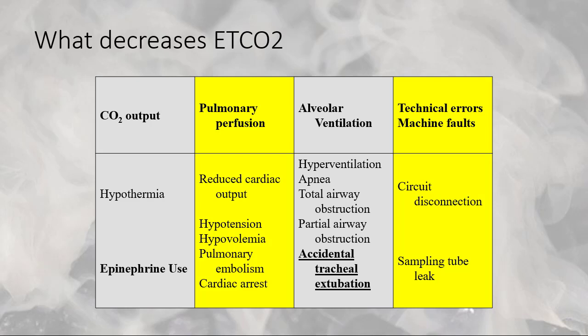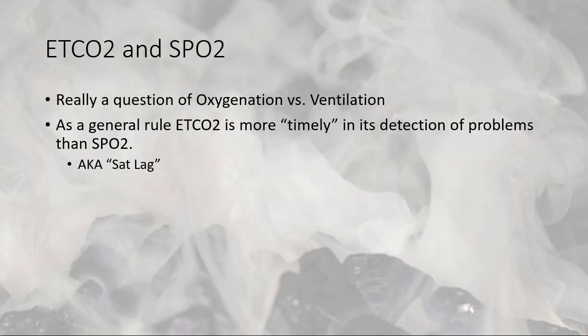We'll talk about that. Now, people ask me, what's the relationship of End-Tidal CO2 and SPO2? Well, they exist, just like oxygenation and ventilation. They exist in the same place and time, but they're separate processes. As a general rule, End-Tidal CO2, if everything's going well, will give us clues that something is happening within seconds.